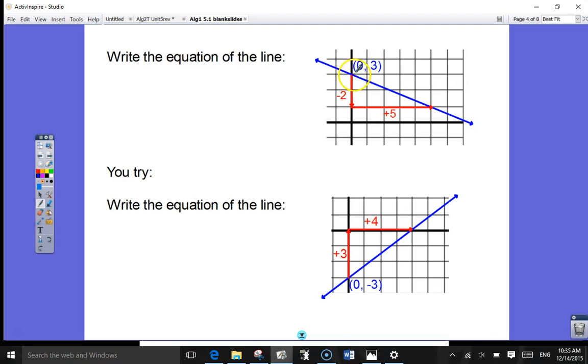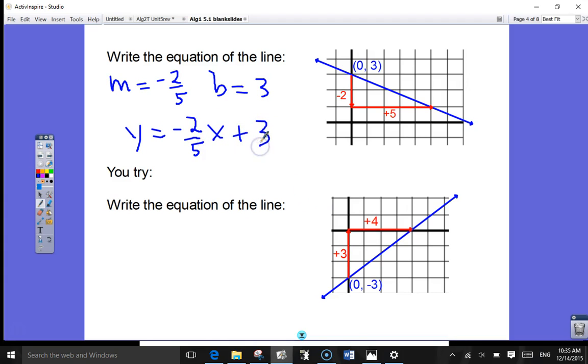It looks like from the y-intercept to another point on the graph, it's down 2 and to the right 5. So what is the slope? M is -2 over 5. And the y-intercept, the b, is 3. So here's our equation: y equals -2/5 x plus 3. So you try to do the same thing with the one on the bottom.